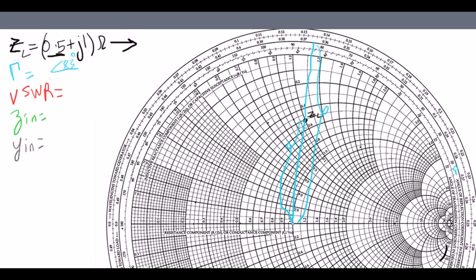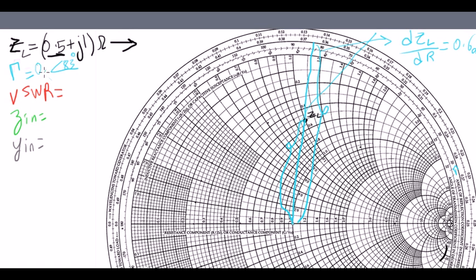If you use a ruler and divide the length here, let's call this length d, the distance dZL, over the length to the edge, for the reflection coefficient, and measure the ratio of length between those two, you will end up with approximately 0.62.